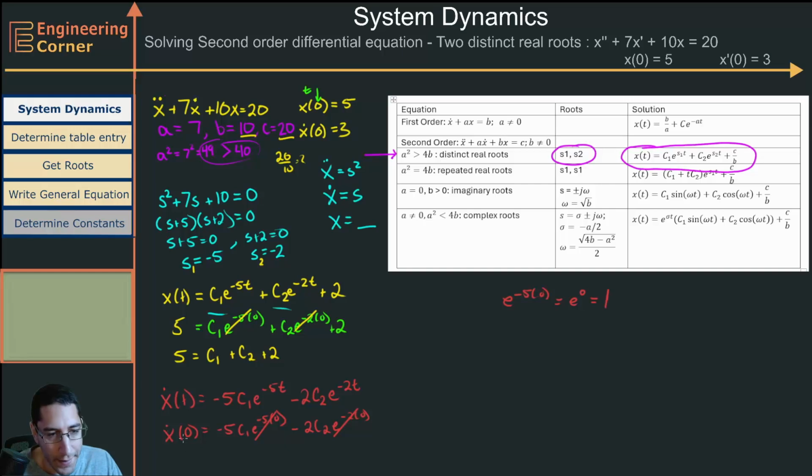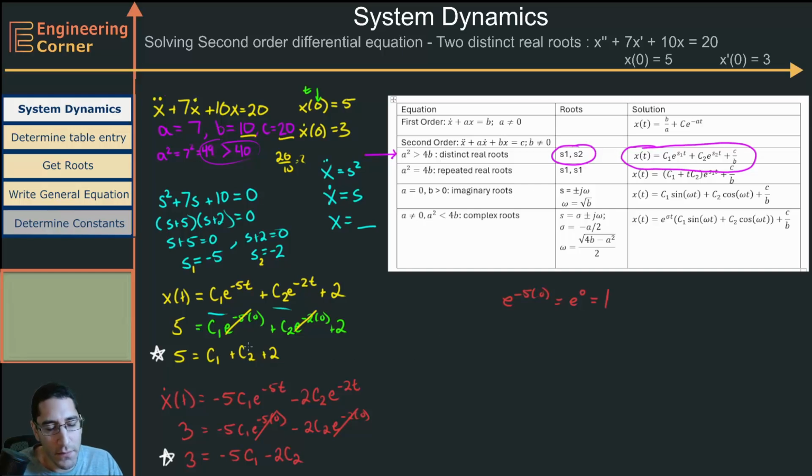So at time 0, we have this is equal to 3. So our equation is 3 is equal to minus 5C1 minus 2C2. Now we have enough equations, and I'm just going to star them so I don't lose them. These are the 2 equations we have, and these are the 2 unknowns we have.